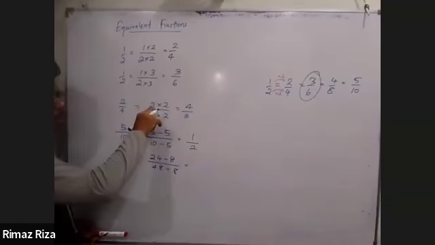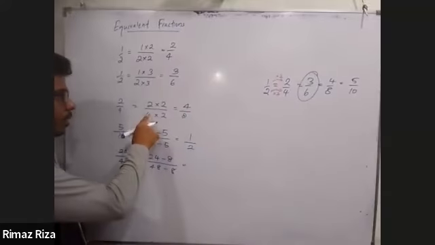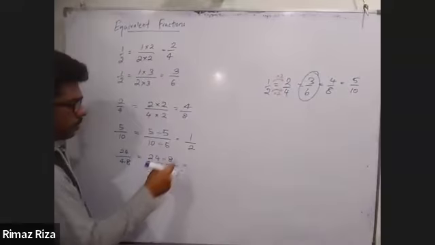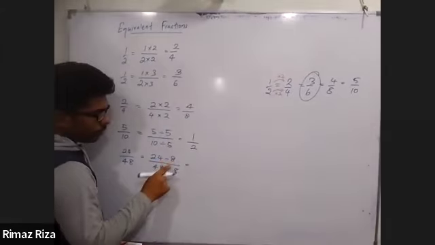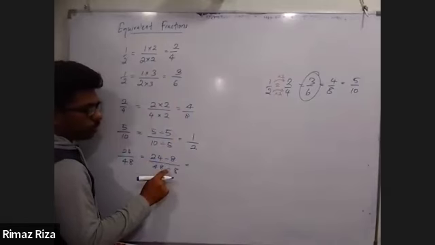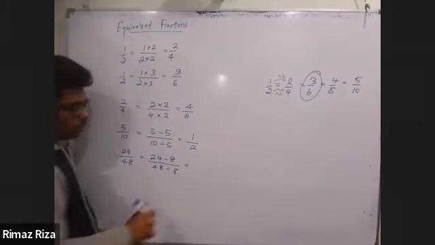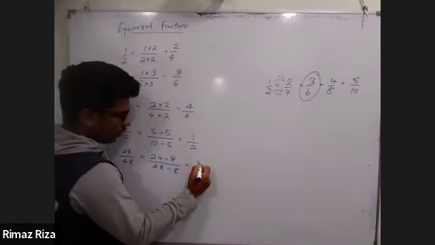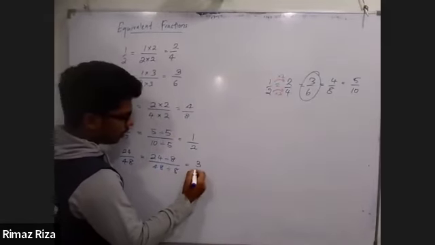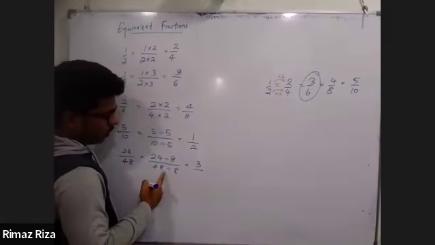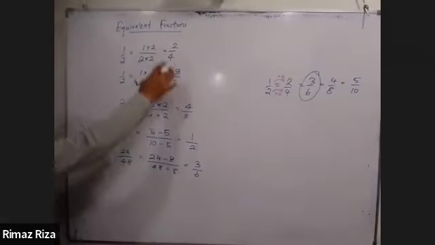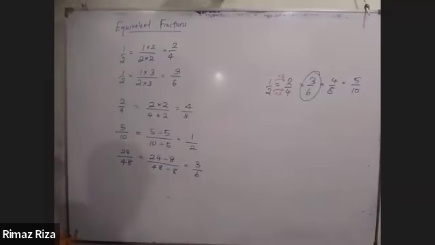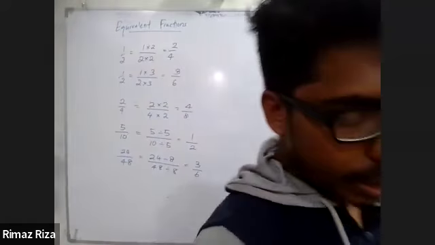If you multiply the numerator by one number, the denominator also should multiply by the same number. If you divide the numerator by one number, the denominator also should divide by the same number. 24 divided by 8 is 3. 48 divided by 8 is 6. 3 over 6. Okay. So you can write this down. Okay. So these are equivalent fractions.